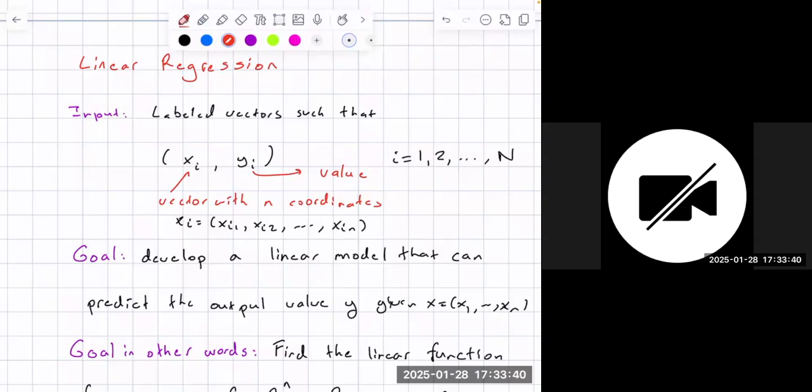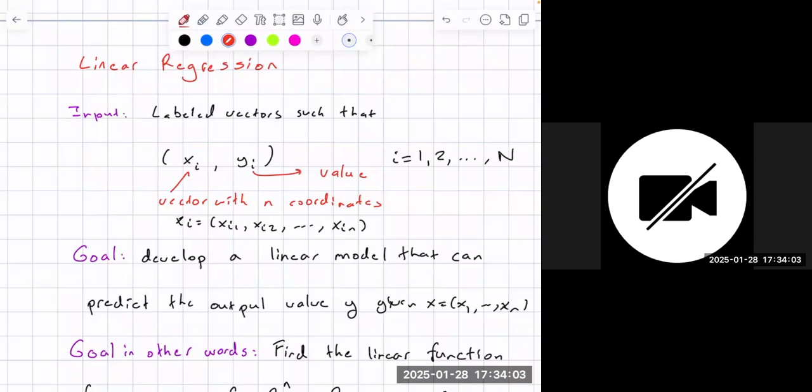What is linear regression? In the basic version of linear regression, you will have labeled vectors. It's going to be a supervised situation. There will be vectors, and then usually there will be just one value attached to them. Suppose you're modeling, say, the house market. Every house will come as a vector, a whole bunch of features.